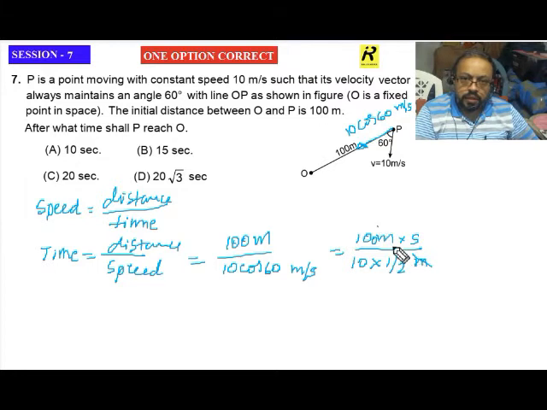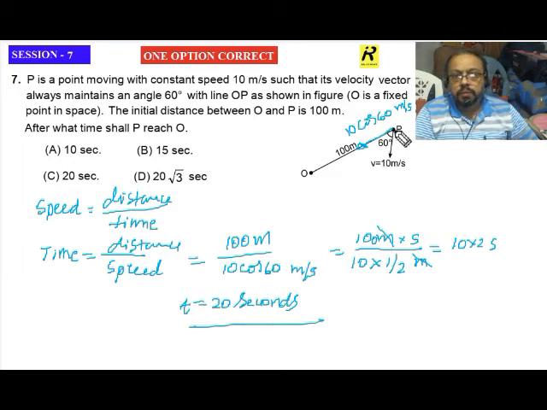So meter and meter cancelled. So this is 10 into 2 seconds. So finally t is equal to 20 seconds. So that means after 20 seconds from this point, point P touches O. Means option C is right.